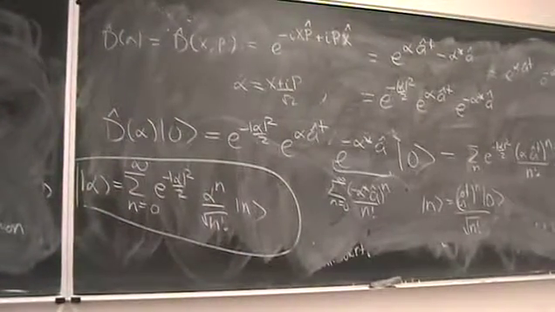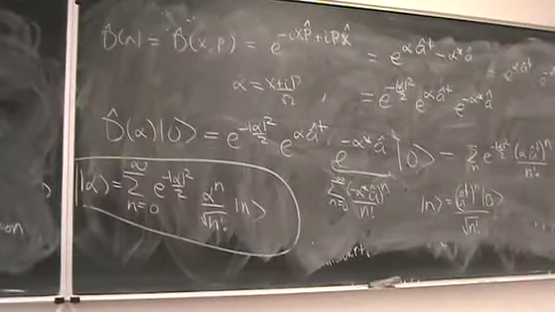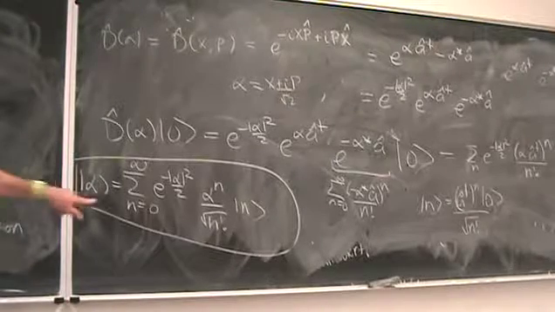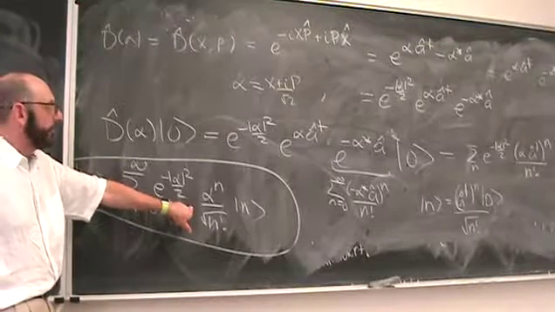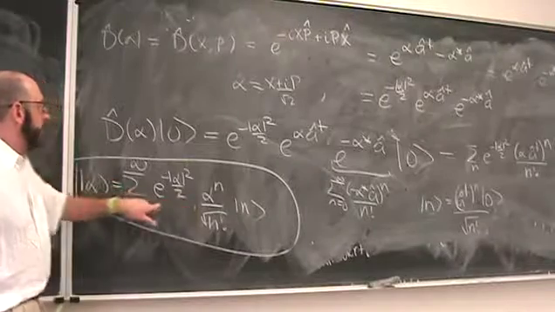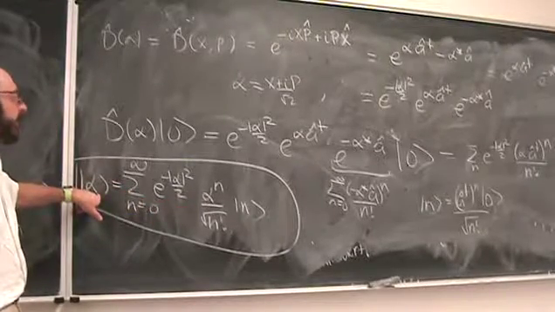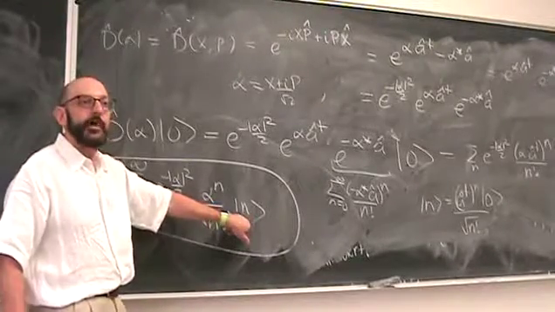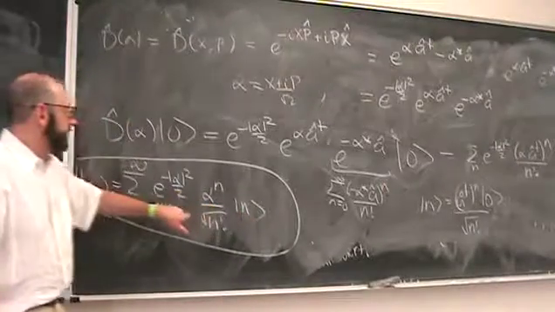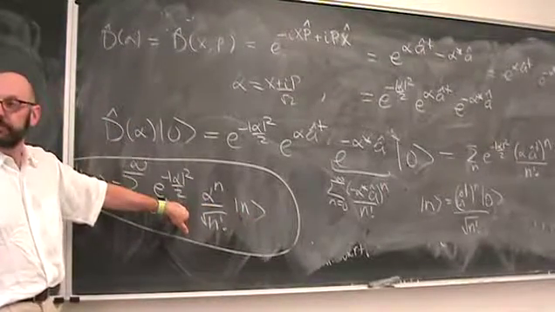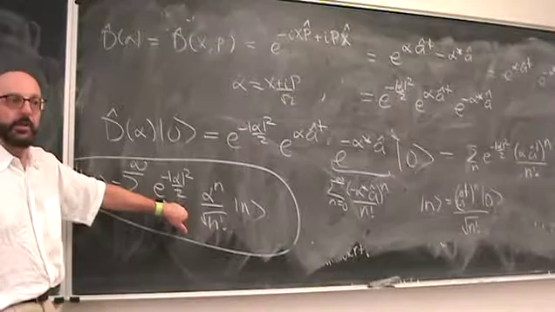Which is what we wrote down last time. These are the probability amplitudes for the expansion of the coherent state in terms of the Fock states, such that the probabilities are Poissonian.